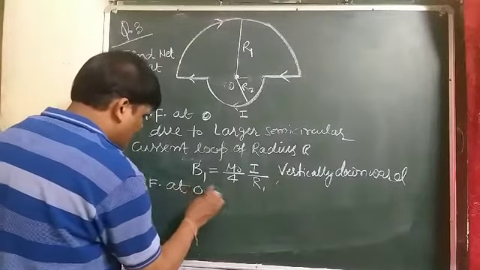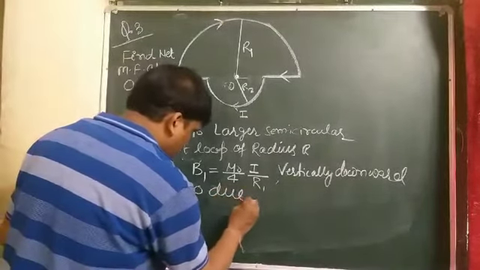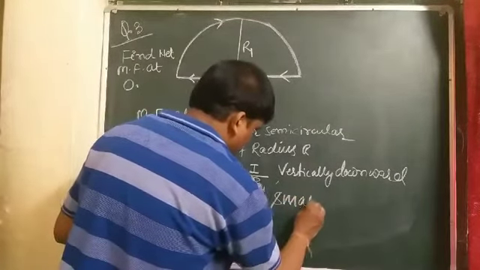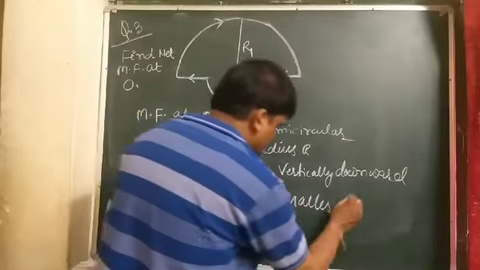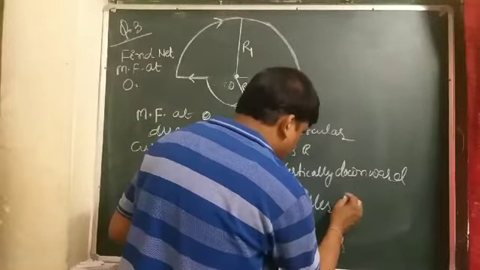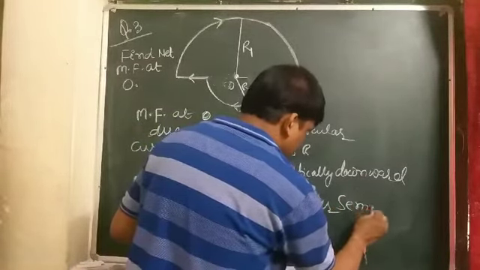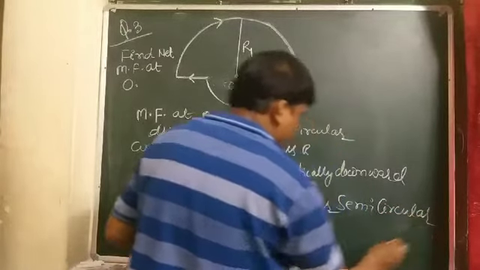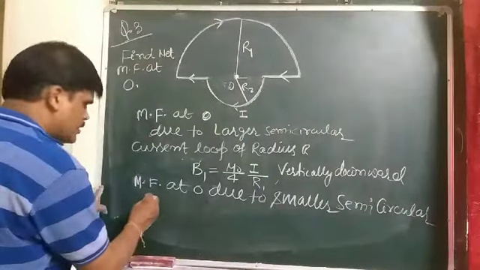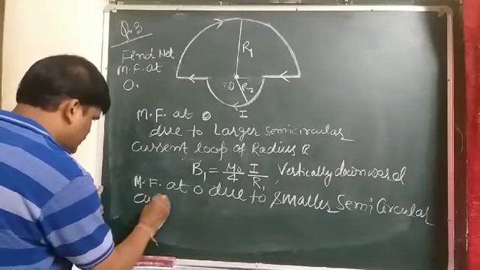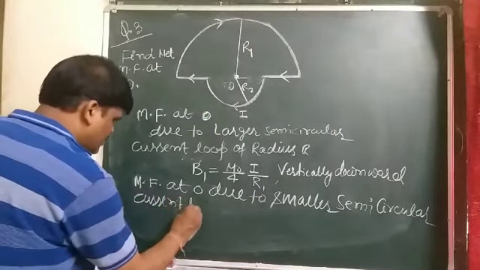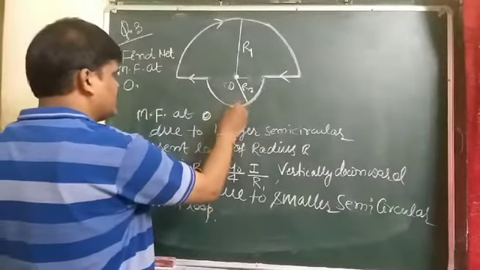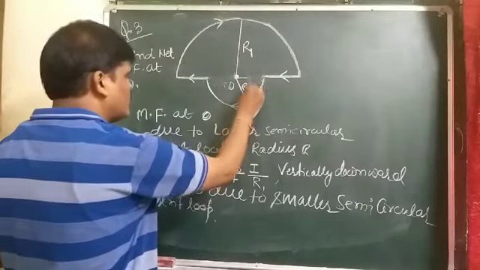In the same way, the magnetic field at the point O due to the smaller semicircular current loop, student, the current flowing is I and the radius is R2.